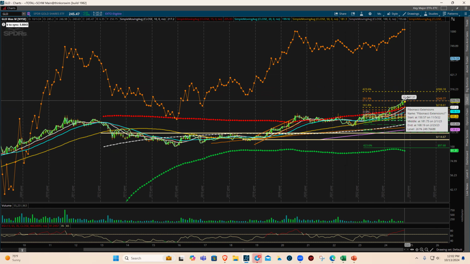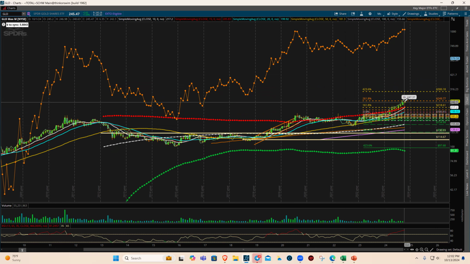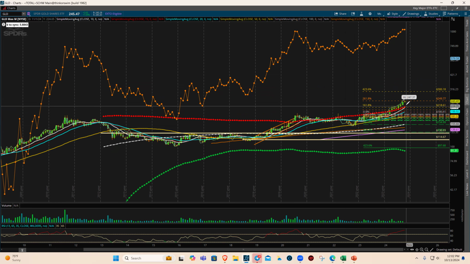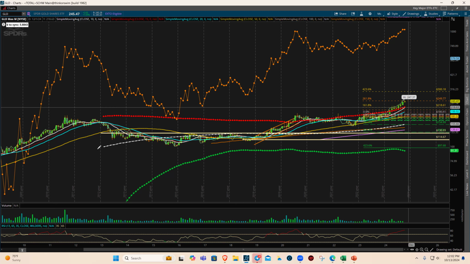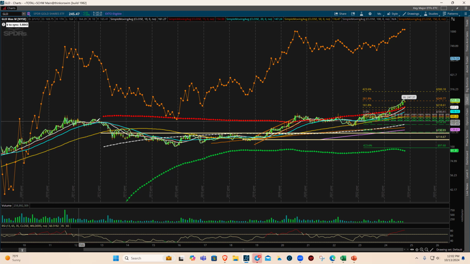But anyway, the point is, this thing's getting really toasty on a big picture basis, which is monthly here. And the reason why that's a big deal is you could be in need of a little bit more of a pullback, but at the same time, it's really been super strong, and it has this cup and handle pattern that goes back nearly, you could say, 12 years, a dozen years in the making.